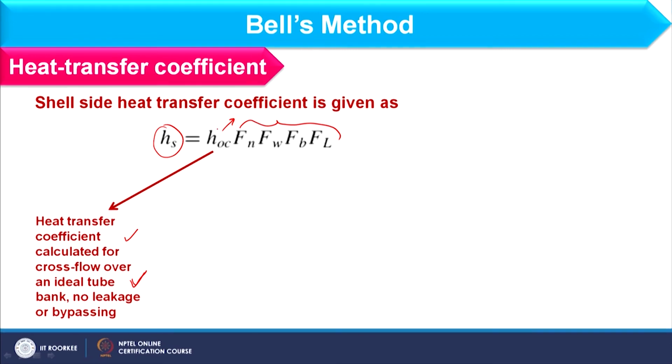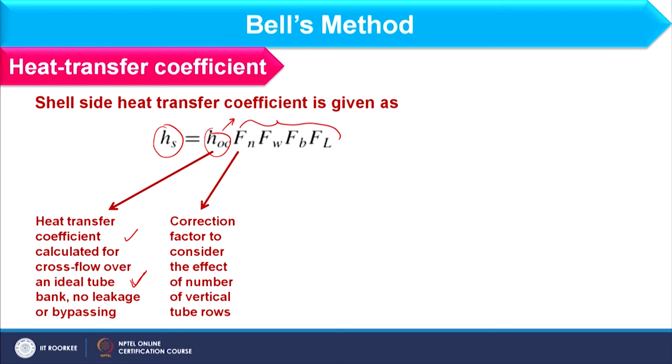Once I calculate HOC, we will consider different factors such as Fn. Fn is basically the correction factor to consider the effect of the number of vertical tube rows.